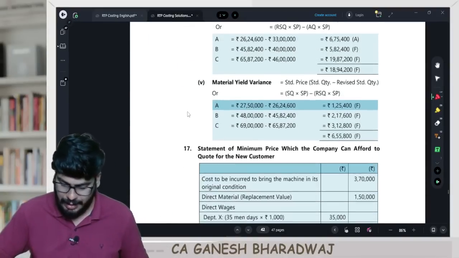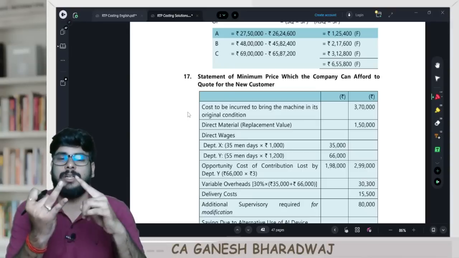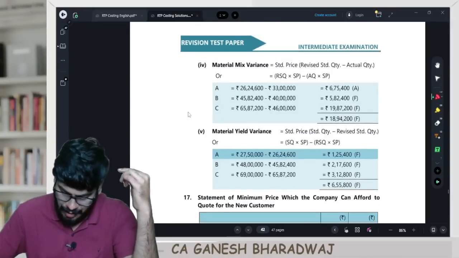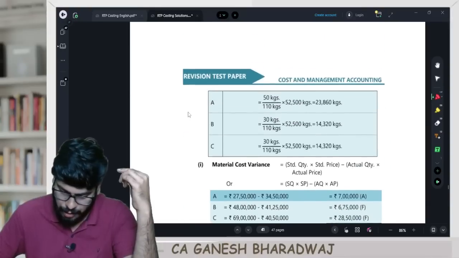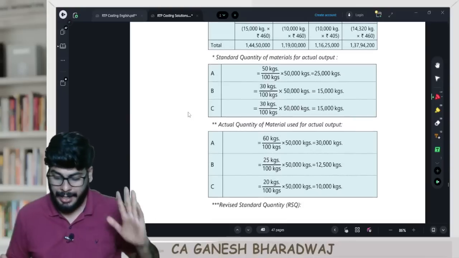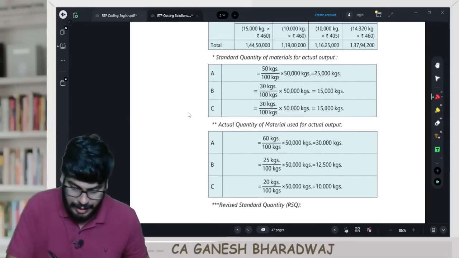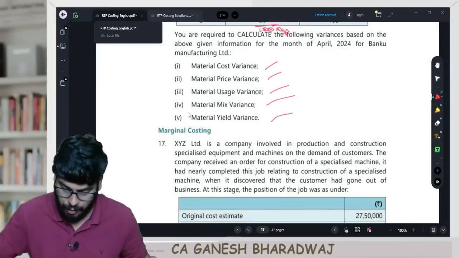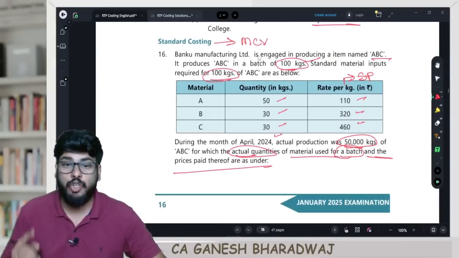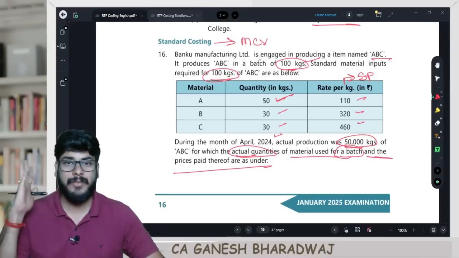The first thing that you need to do is you only need 4 components: standard quantity, standard price, actual quantity, actual price. So now the first thing that we need to do is we need to calculate the standard quantity. Now, how do you calculate the standard quantity? Guys, very, very simple. So now if you look at this, they have given in the question, for every 100 units of output, you are supposed to consume how many kgs of product A? 50, correct?